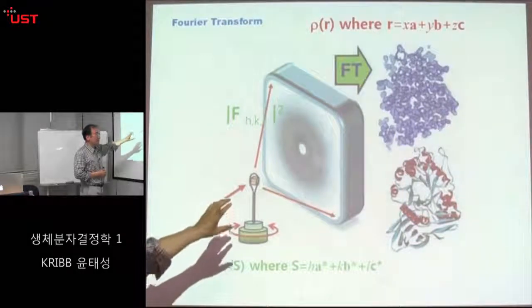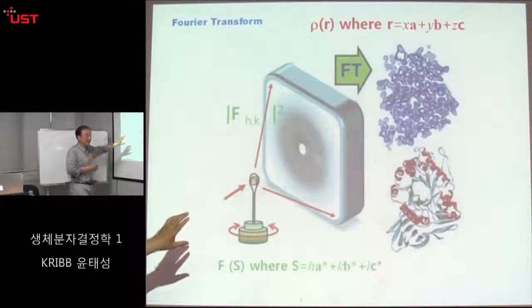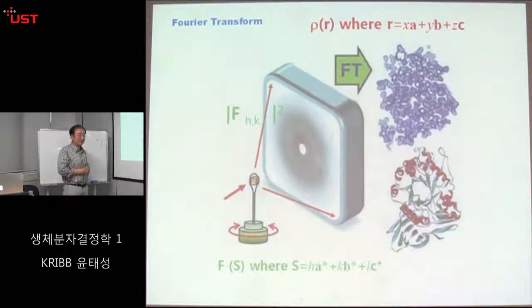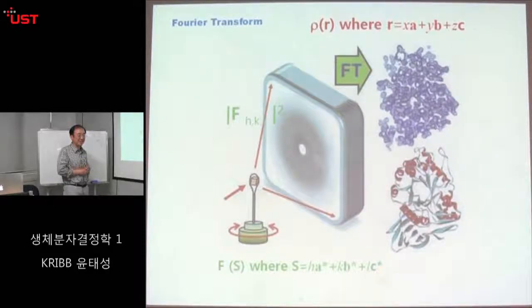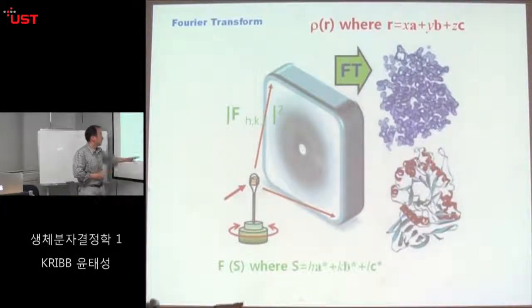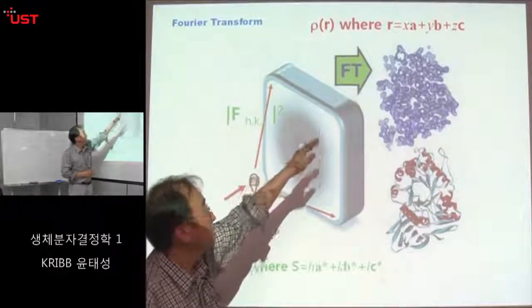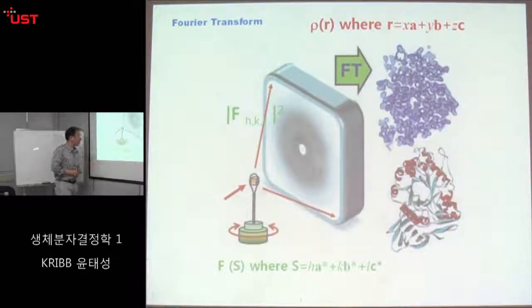But in terms of reciprocal space or dual space, what do you have in terms of pair? ABC and A star, B star, C star. Yes, that's right. So these vectors are related with reciprocal space concept.